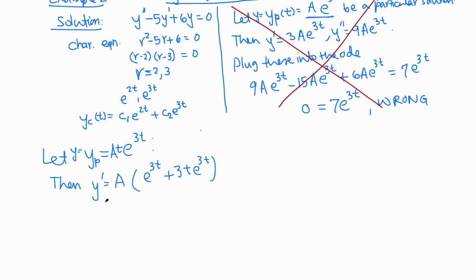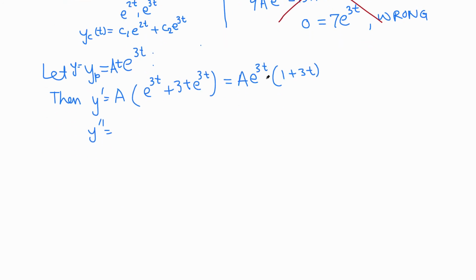We need to find y double prime, so let's simplify this. e^3t can be factored out. It's not necessary, but this makes our work easier. And y double prime is a product, so we can use the product rule. The derivative of this one is 1 plus 3t, plus e^3t times the derivative of this, which is 3.